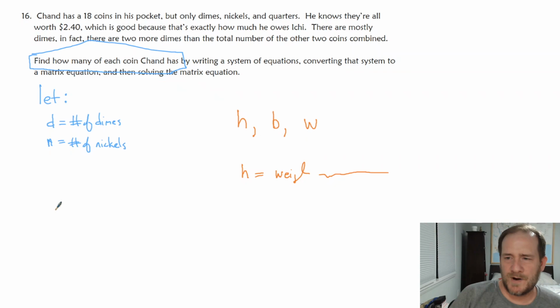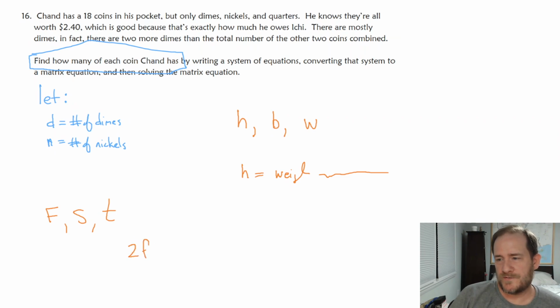I've definitely written a problem before about French fries, sodas, and tacos. One friend ordered 2 orders of French fries and 3 sodas, and 5 tacos. That's somebody's order, and it came to $22.48.